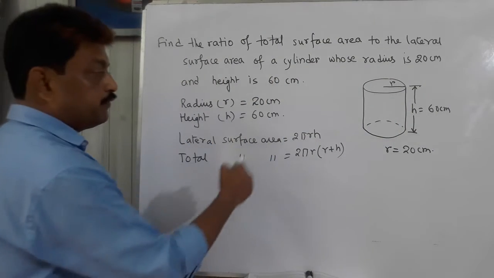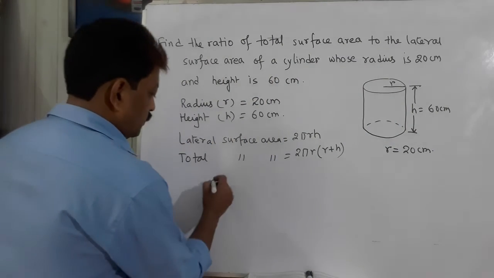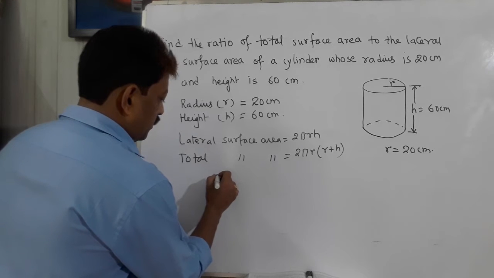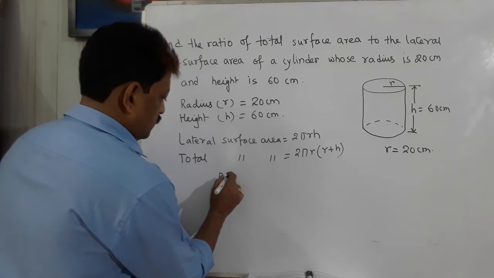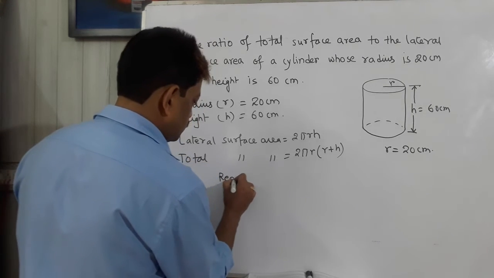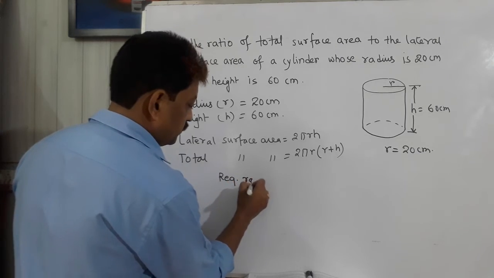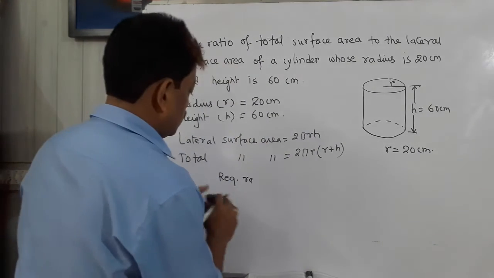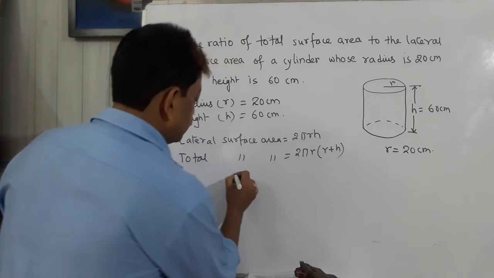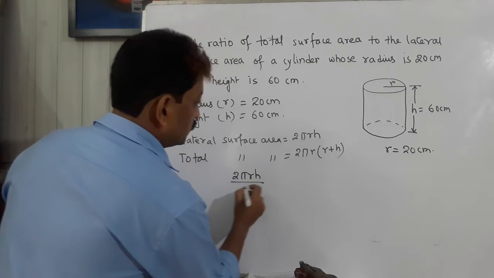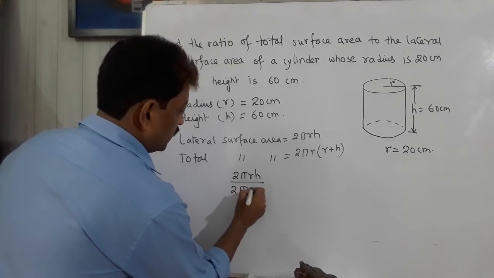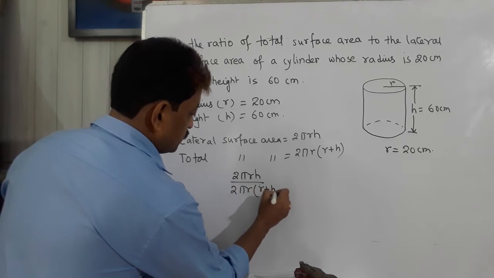Okay. Now we have to find the ratio between these two. So, the required ratio. First of all, let me divide it: 2 pi r h upon 2 pi r (r plus h).